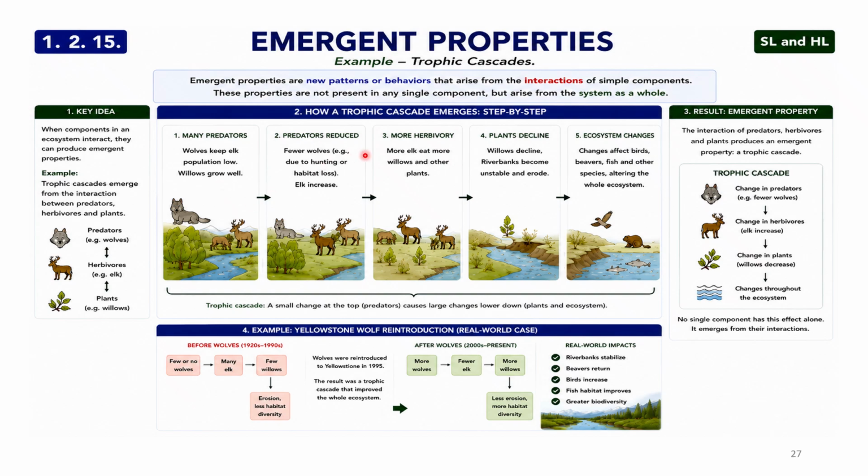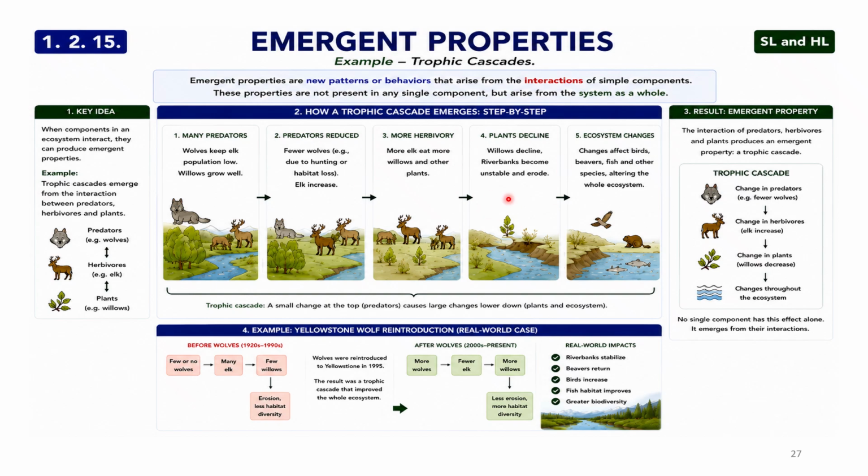If predator numbers decline because of hunting or habitat loss, herbivore populations increase and consume more vegetation. As plant cover decreases, riverbanks become unstable, erosion increases, and habitats for many other organisms are degraded. These ecosystem-wide changes affect birds, beavers, fish, and numerous other species, demonstrating that a small change at one trophic level can trigger widespread ecological consequences.